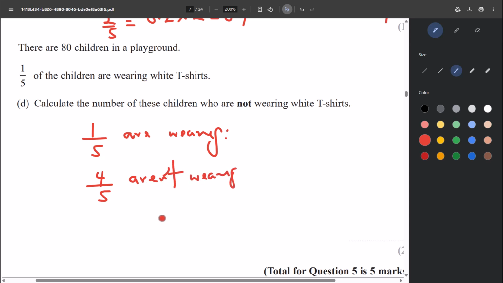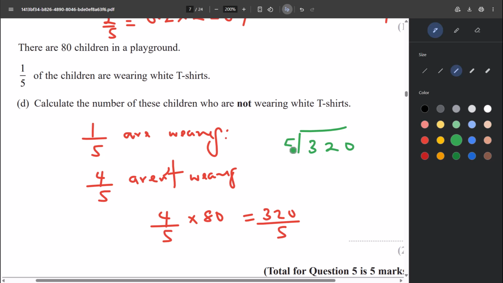So now you're going to take that 4/5 and multiply by 80. All right. And of course, you could say 4 times 80, which would be 320, and of course, divided by the 5. And if you try to cancel this down, again, I'll have to show my working.